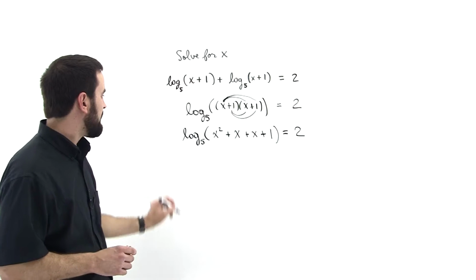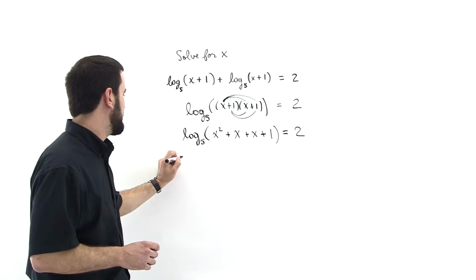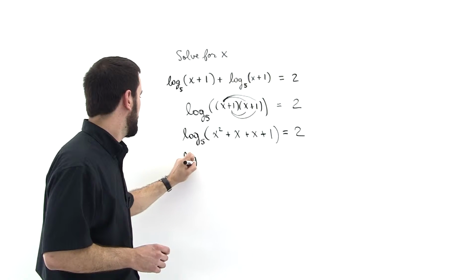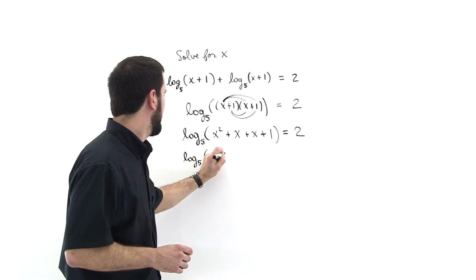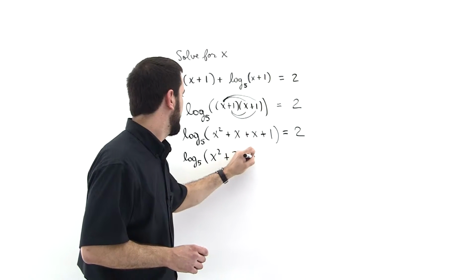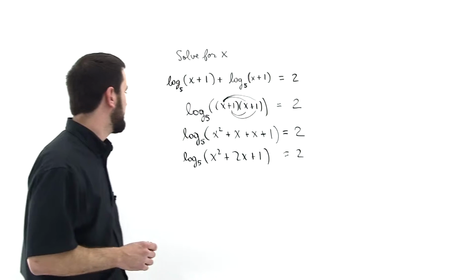Now we can combine terms x and x to make 2x. So this is log base 5 of x squared plus 2x plus 1 equals 2.